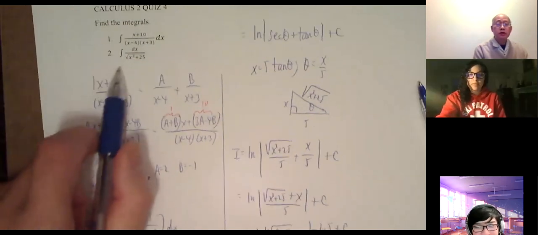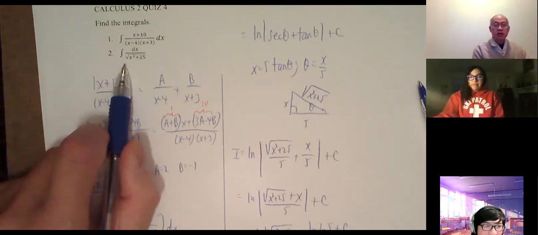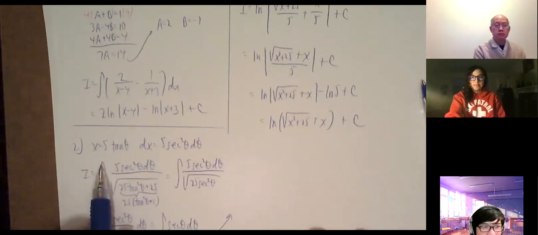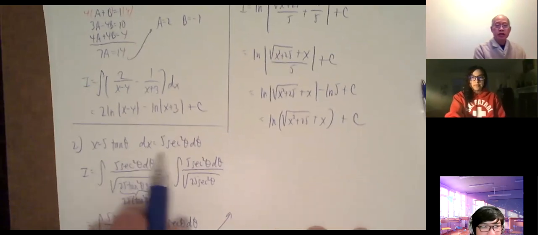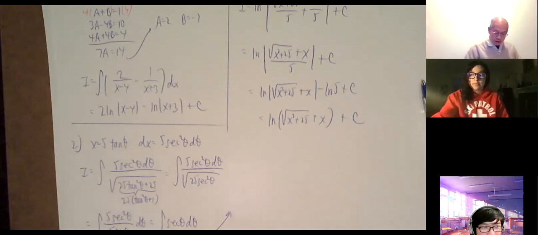Okay, question 2. From that chart, this was the middle one that had the plus. So let x equal 5 tangent theta, dx equals 5 secant squared theta d theta. And just so you know where it is again, from 7.3, that tells you which one to choose.